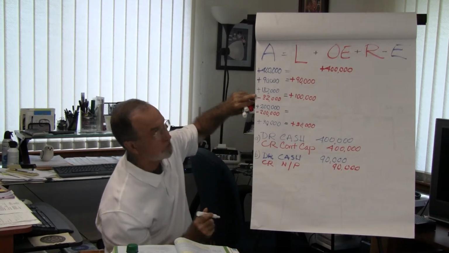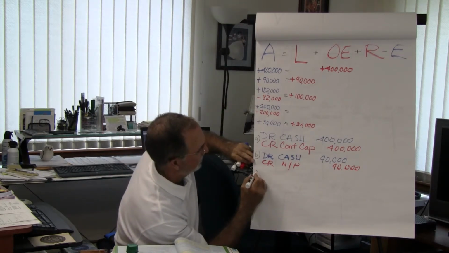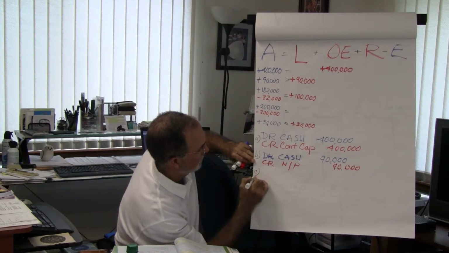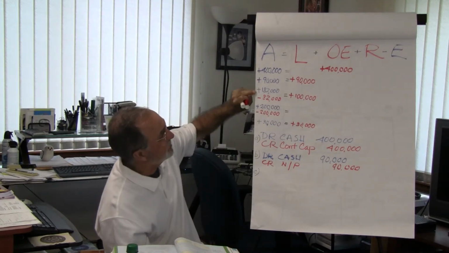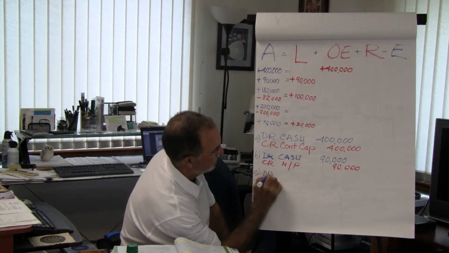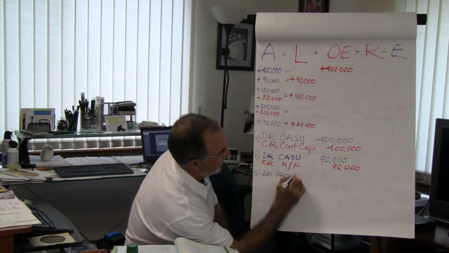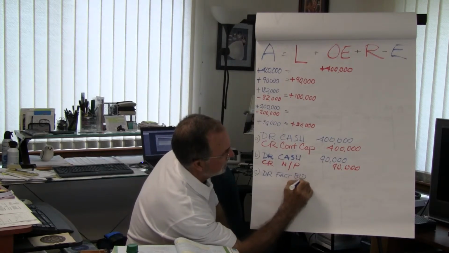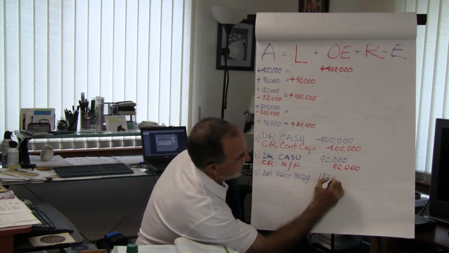Transaction C is a transaction that affected 3 accounts. We bought a factory building for $182,000, so we added to factory building with a debit. Debit factory building, $182,000.